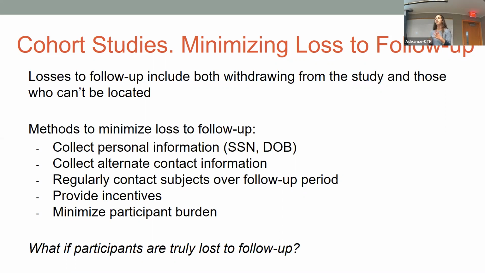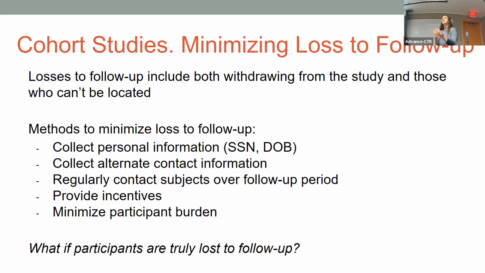A lot of the times, I was actually reading one of the cohort studies for this talk, and if you read the methods section very carefully, they actually say things like, our study had 80% retention rates, or that means 20% of individuals were lost to follow-up, and notice though that the baseline characteristics of those lost to follow-up are very similar to those who remained in the study.